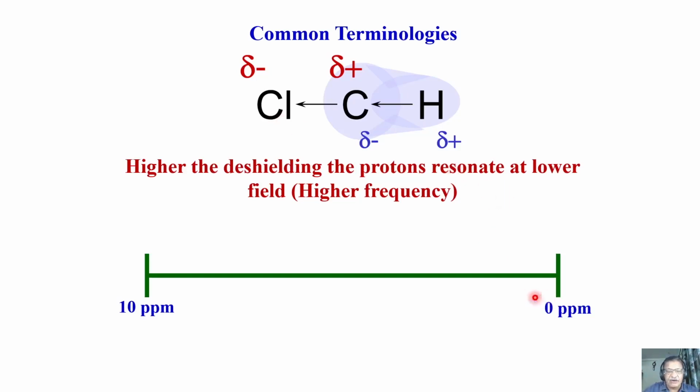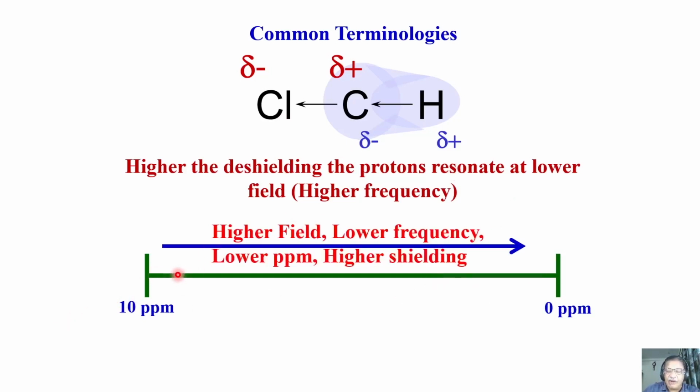This is the scale I have taken from 0 to 10 ppm. Now I go from left to right. Look, there is a spectrum which has all the peaks running from 0 to 10 ppm in this range. If I start from the left side of the spectrum and move towards the right side, the common terminology is that we are moving towards higher field.